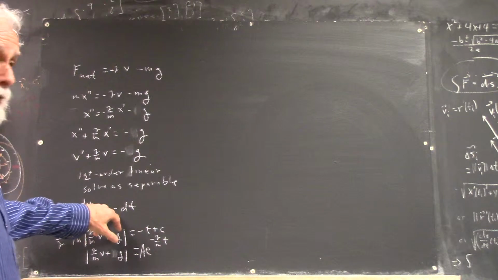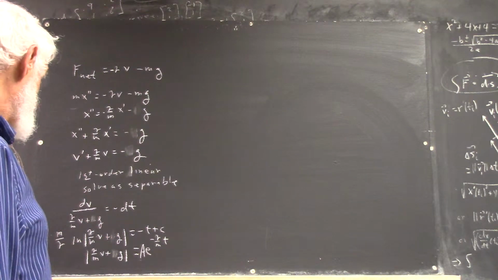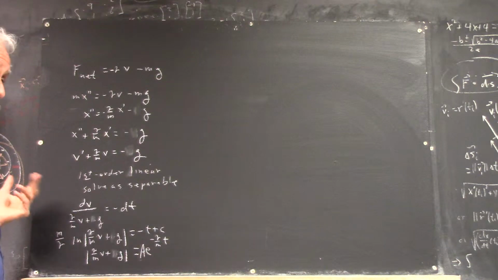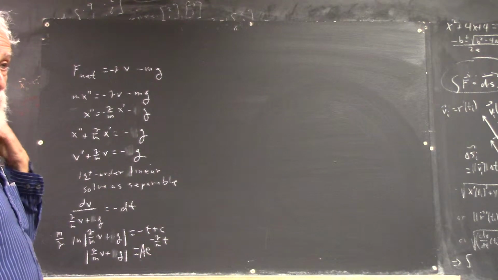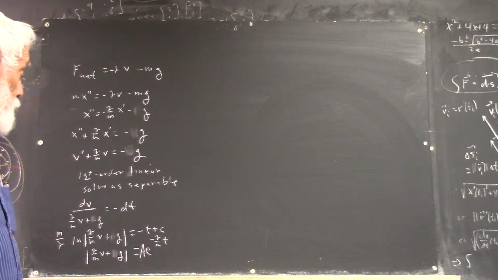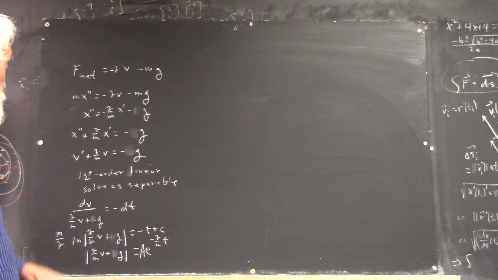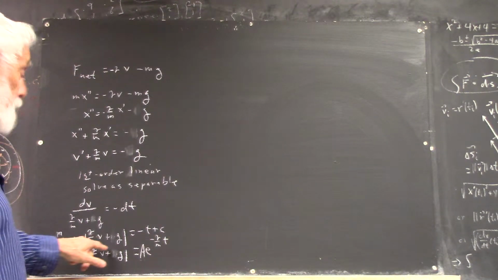I put the negative sign over here so I didn't have to deal with it over here. Then integrating this is very simple. We could do a u substitution. We would find that du equals gamma over m dv, so that dv is m over gamma du. So we'd have an m over gamma from that, and we get this.